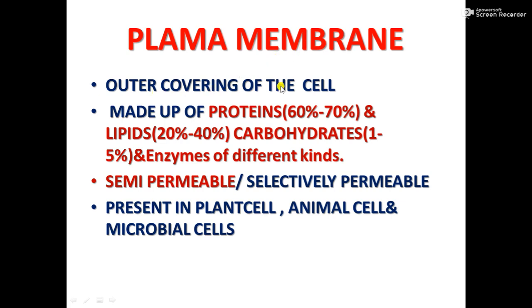That is the outer covering of the cell as you have seen in the diagrams. And what are the chemical components which make the cell membrane? So it's made up of proteins. About 60 to 70% of the plasma membrane is proteins, lipids about 20% to 40%, and carbohydrate about 1 to 5%, and then enzymes of different kinds are present.